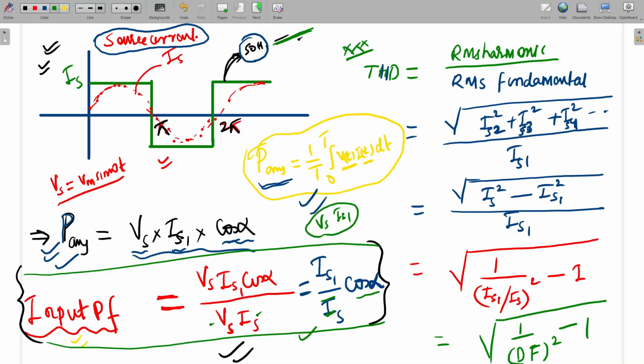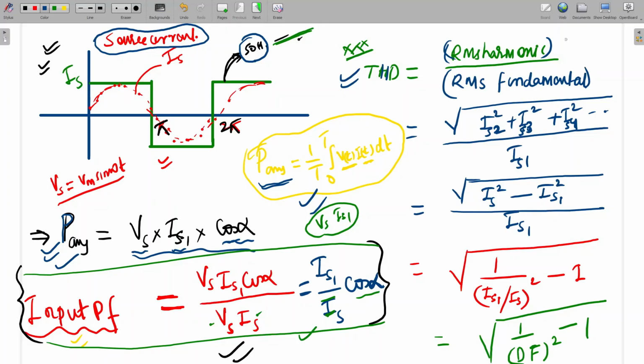One other term is total harmonic distortion. Total harmonic distortion is the RMS value of the harmonic components divided by the RMS of the fundamental. This ratio is called total harmonic distortion.